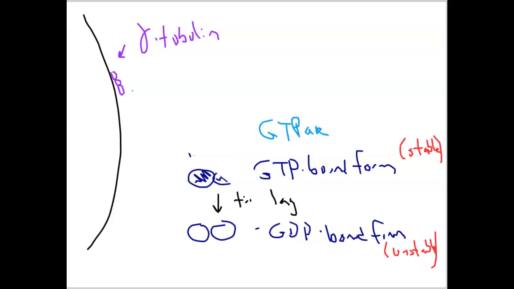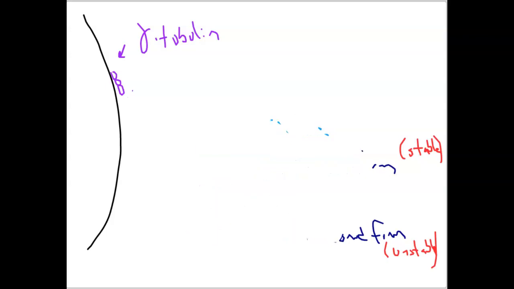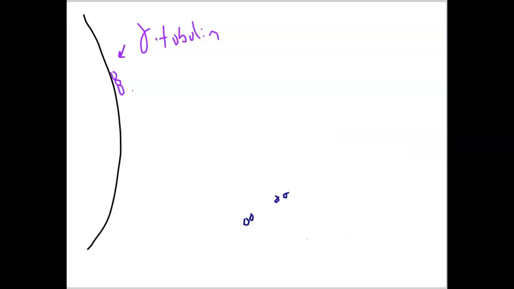So in the cell, of course, there are a lot of floating tubulin dimers around. Some of them are bound to GDP, and some of them are bound to GTP. So we have a mix of these two different types of tubulin dimers in the cytoplasm.